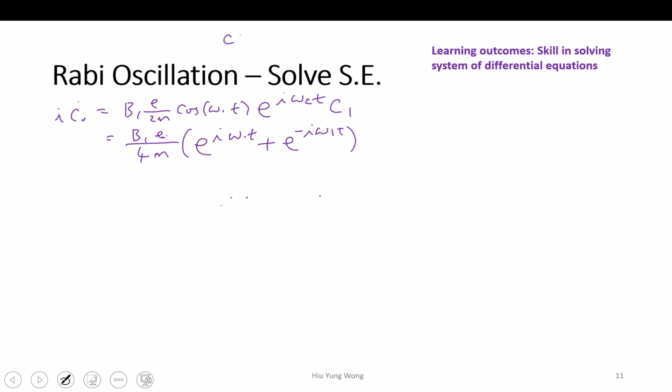Cosine theta equals e to the power i theta plus e to the power negative i theta divided by 2. Cosine omega1t equals e to the power i omega1t plus e to the power negative i omega1t divided by 2. That's what I have here. The whole thing times e to the power i omega_L t.